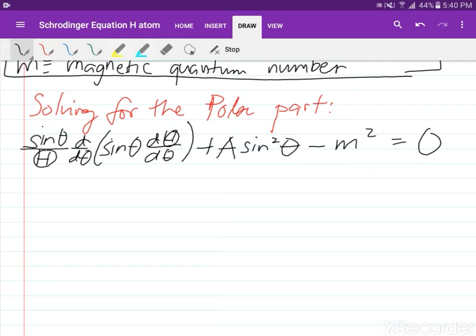Okay, so we rearrange this equation so that we group the capital thetas.